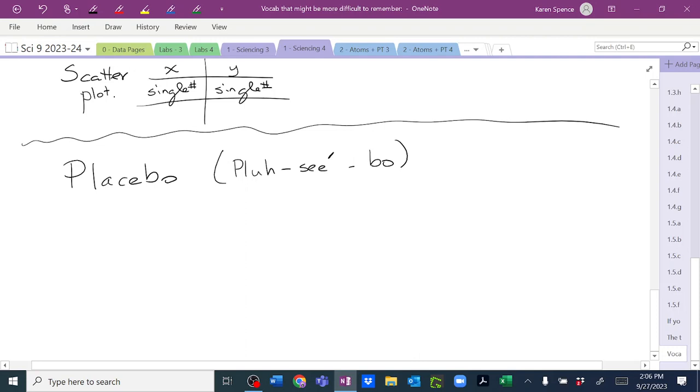Anyone want to tell me what a placebo is? Yes? It is a fake medical treatment. It is a fake medical treatment that appears real.